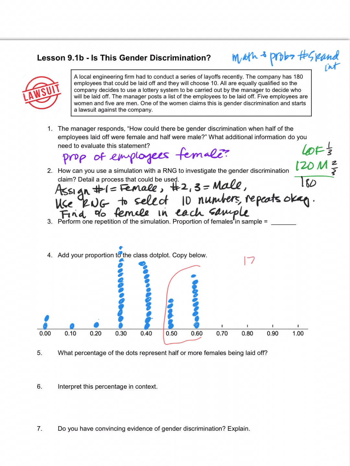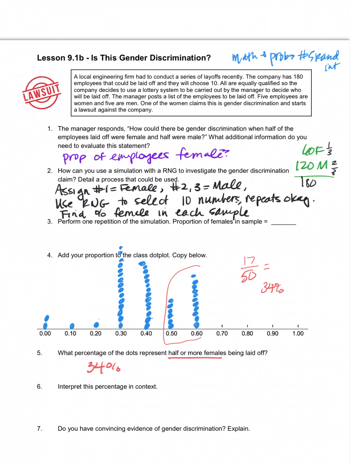So there's 17 out of 19, 21. Oh, how about that? Exactly 50. So that's a 34%. Yeah? Okay. So 34%, or half or more females being laid off.